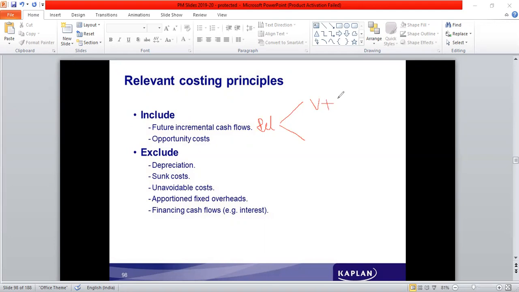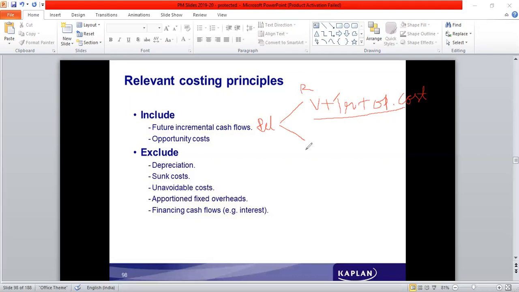Anything which can be avoided, the traceable fixed cost, that is considered. If there is any opportunity cost which is associated, that also will be a part of relevance. These are the relevant costs.